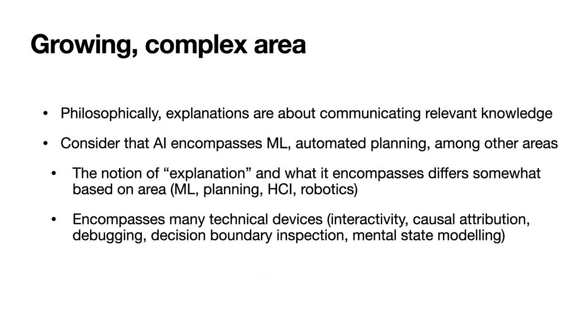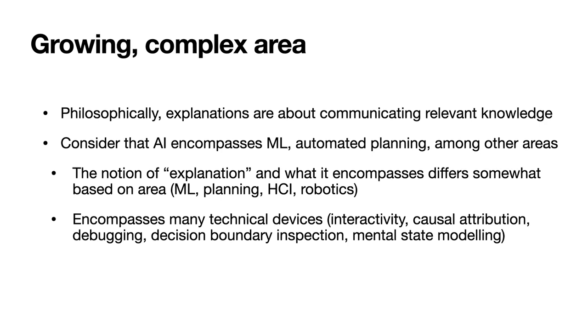Okay, and it's not surprising that philosophically explanations actually touch on many different aspects of human cognition, and it's really about communicating relevant knowledge. Now, if you take into account that AI encompasses machine learning, automated planning, many other areas, it's not surprising that explanation itself has come to encompass many different areas, from machine learning to planning to human-computer interaction to robotics and so on.